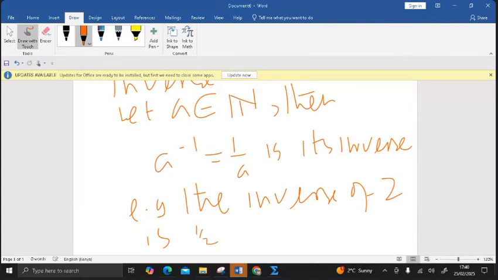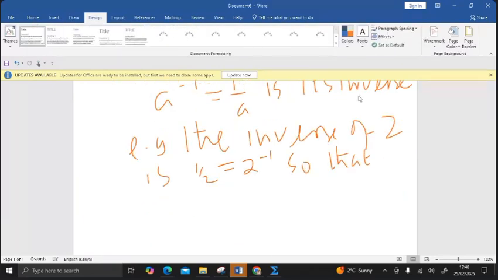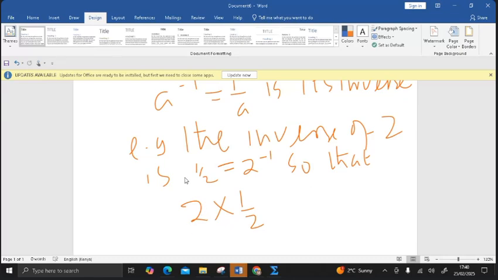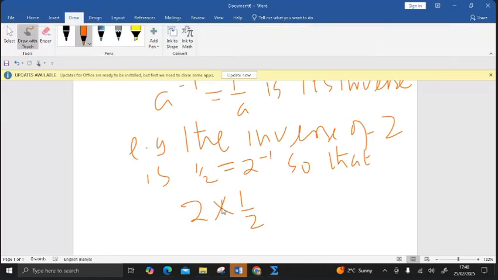For example, the inverse of 2 is a half, which is the same as 2 raised to the power negative 1.